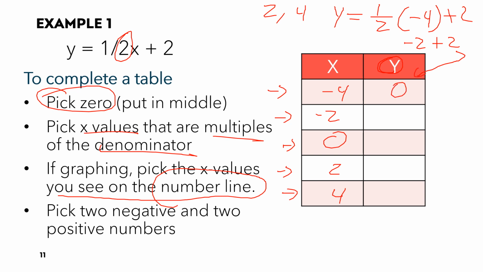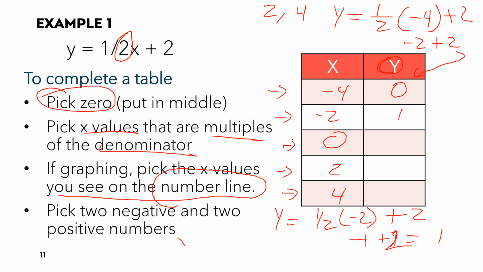And then we're going to do our next x value, which is negative 2. Y is equal to 1/2 times negative 2 plus 2. Well, what's half of negative 2? Well, that's right, that's negative 1 plus 2, give away the answer. Negative 1 plus 2 is 1, so we have a 1 here.